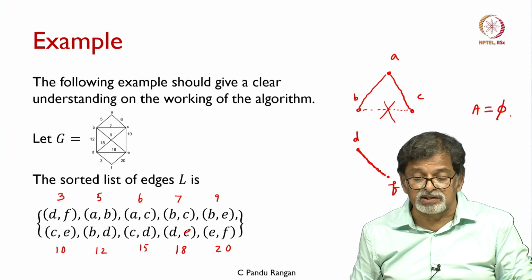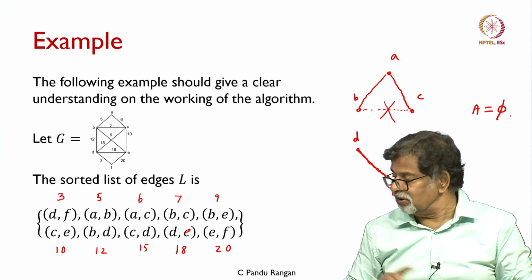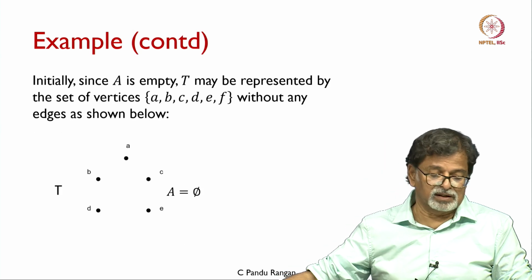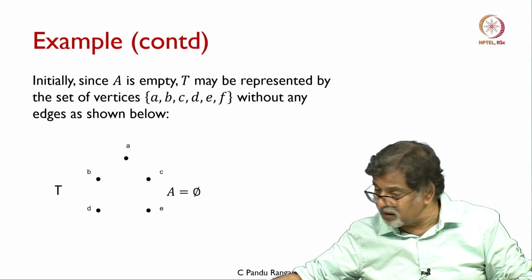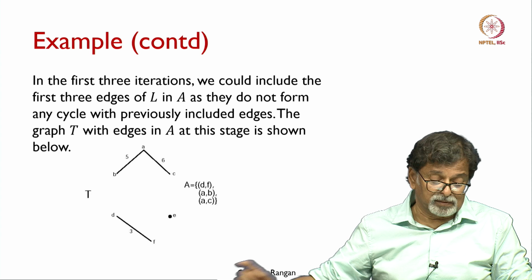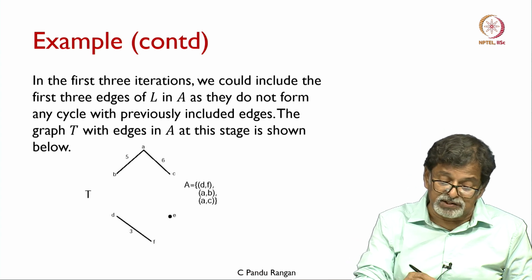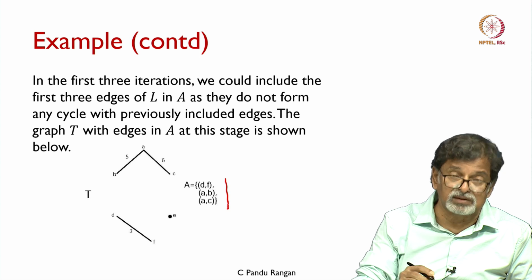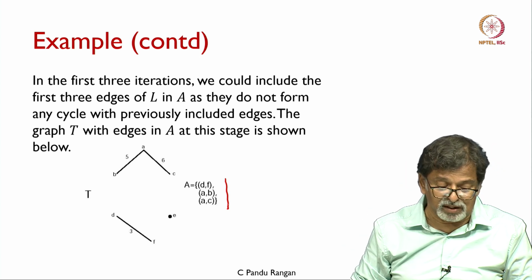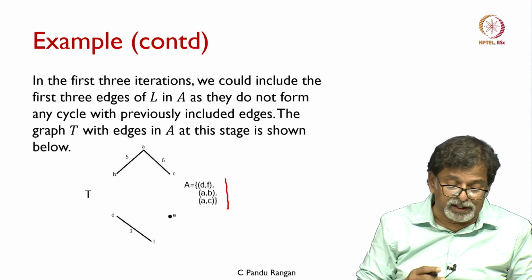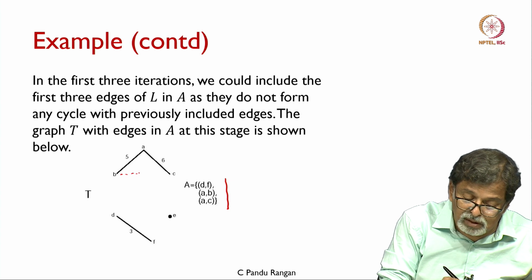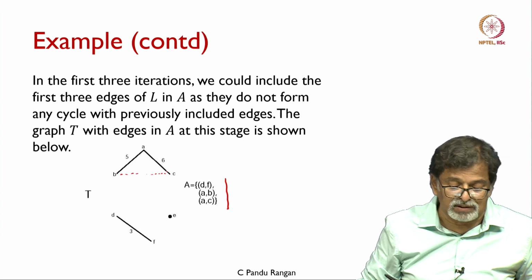The next edge is BE. So, let me show that in the picture here. I have shown the development. So, you can see that 3 edges are included. This is what I have drawn already and then shown to you, and then I have ignored BC.